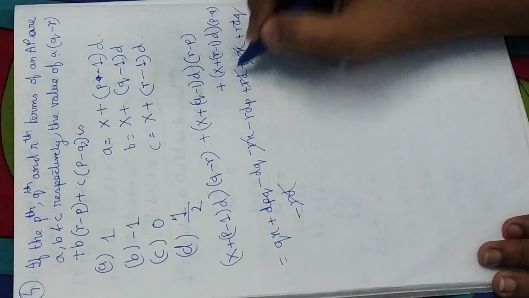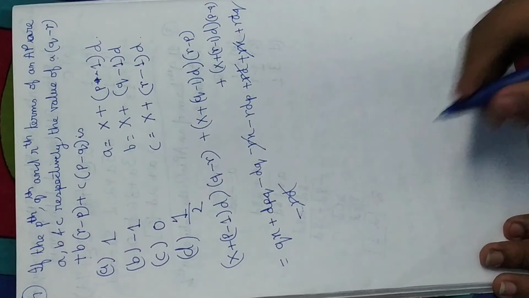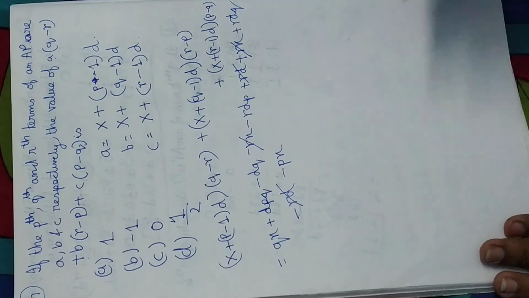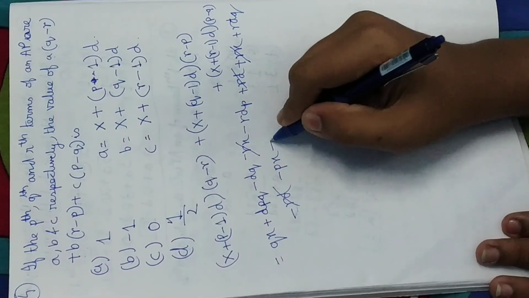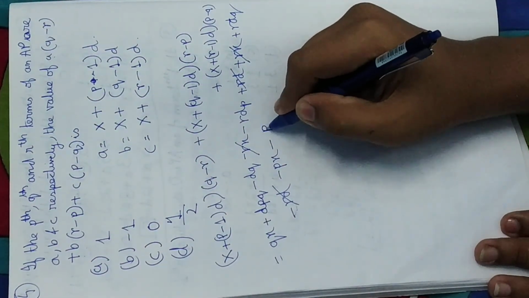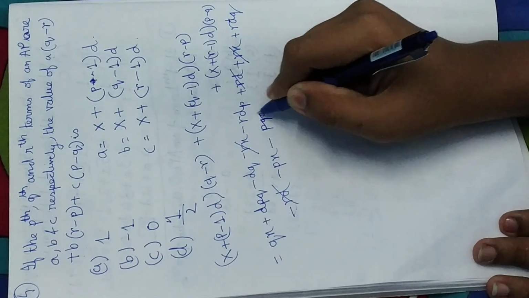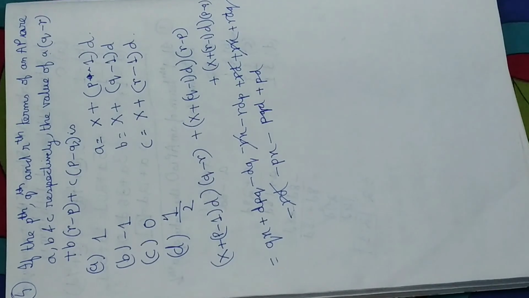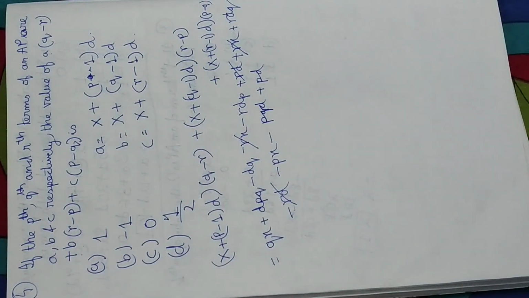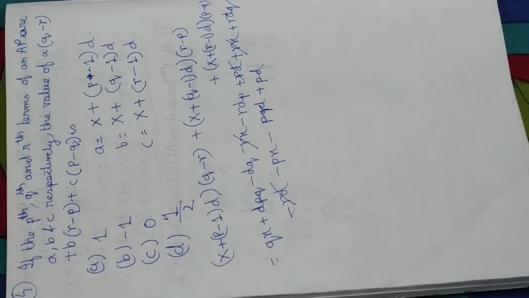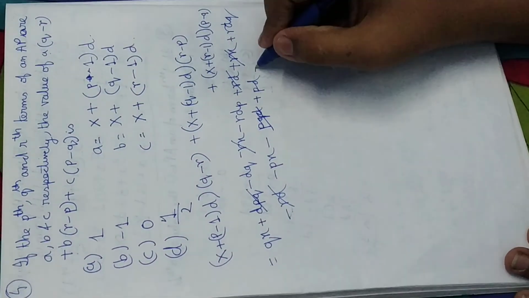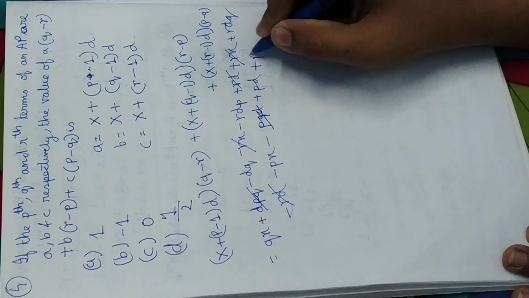Minus rd plus rd cancels, then it's minus px minus pqd plus pd. This cancels, and the third term is plus px.